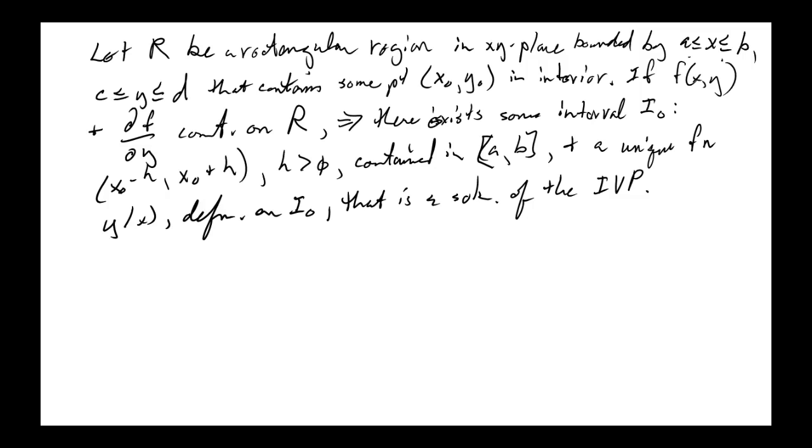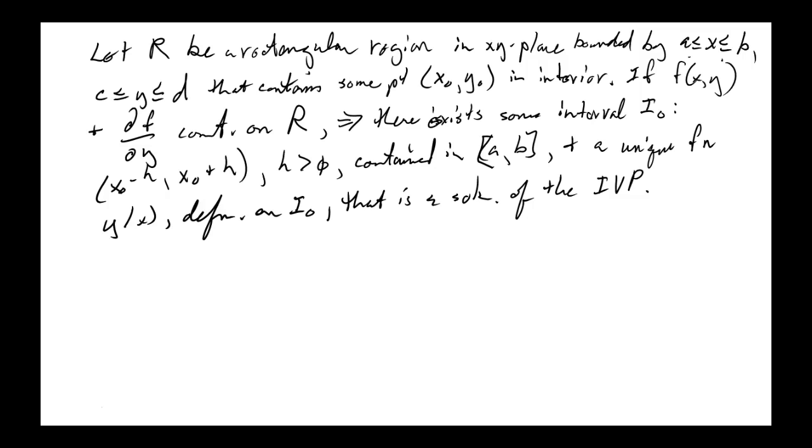If both of these are continuous within R, then there is some smaller interval, I sub 0, typically smaller, such that on x, you pick the x0 here, and then you do a plus h and a minus h.